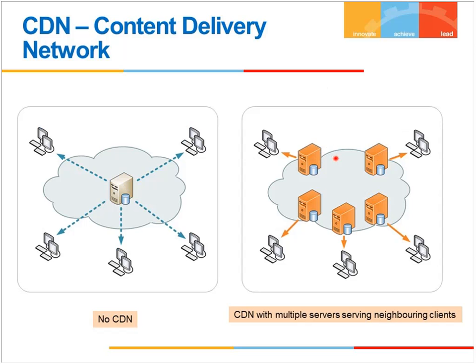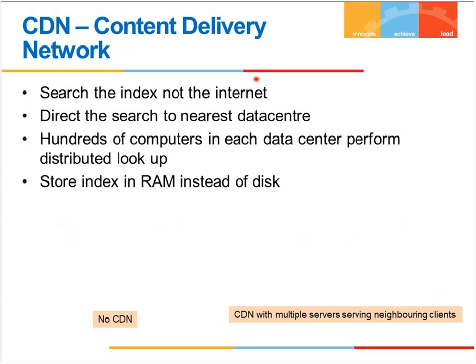So there are a lot of servers, and the most popular content is replicated, so that the load on the server is less, number one, and also it is closer to your location, so the network requirement for transmitting will also be less. This is called the content delivery network. So again, the basic principle is replication of data, right?